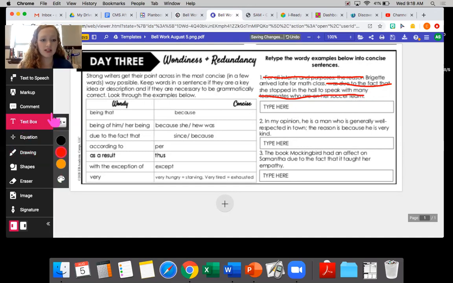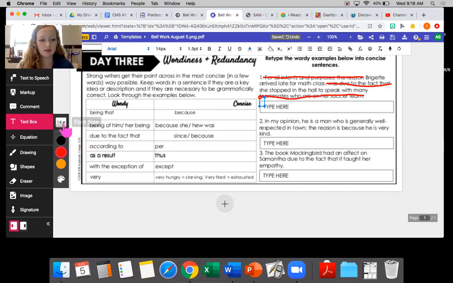So let's get our text box and then start typing. Actually, I'm going to type a little bit bigger if I can, and then use some bold so that you can see it.